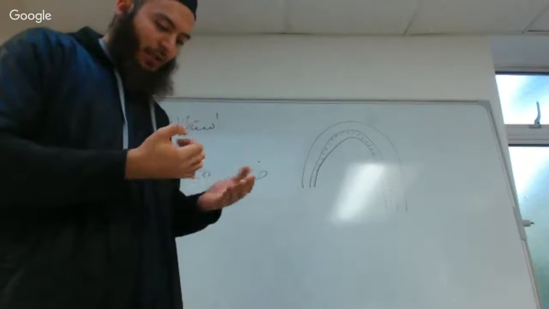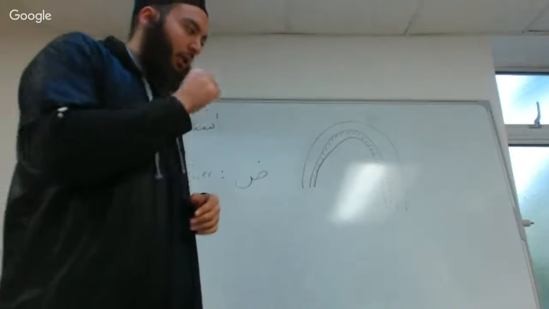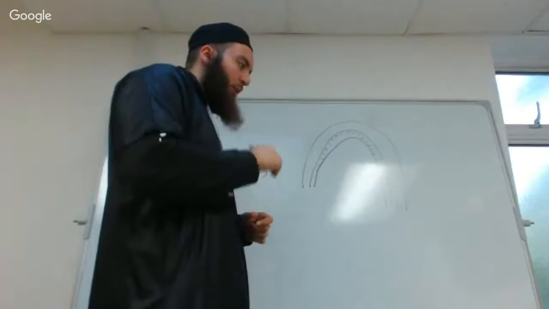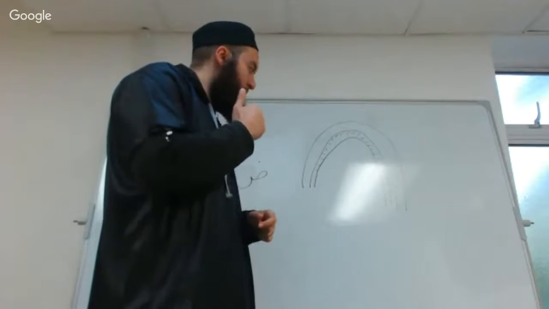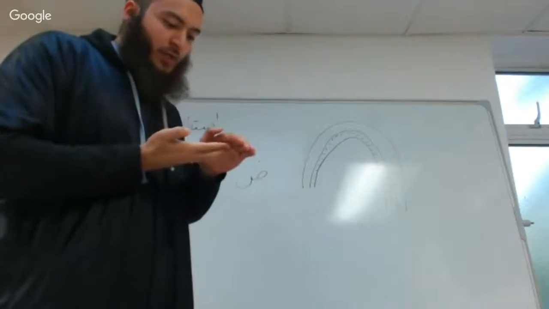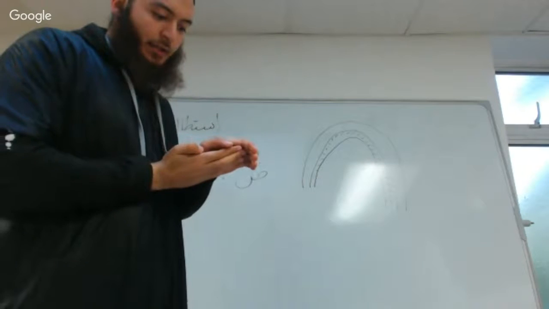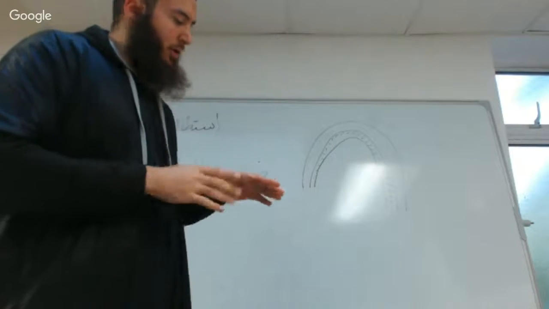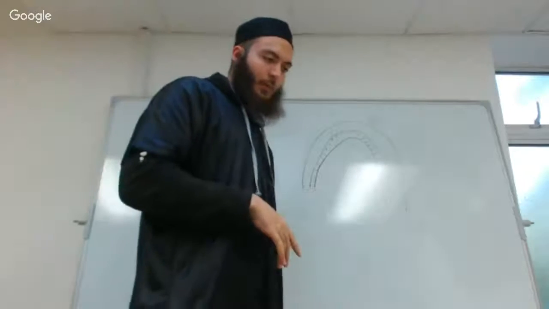That trapping of the sound, that heightened pressure between the top of the mouth and the tongue, creates a very slight and subtle sliding of the tongue along the molar teeth, along the makhraj.